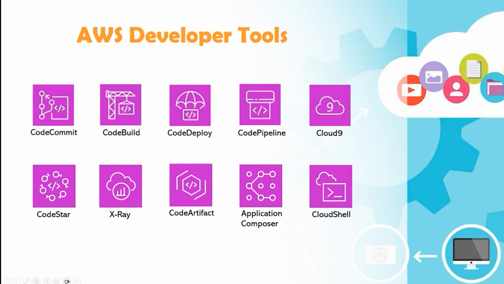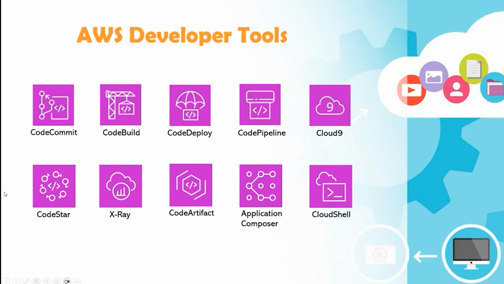It's a fully integrated development environment designed to simplify the setup of end-to-end continuous integration and continuous delivery pipelines. Next, AWS X-Ray. It's a service for analyzing and debugging distributed applications. It's used for tracing our application, and it provides insight into how applications are performing and helps identify performance bottlenecks.